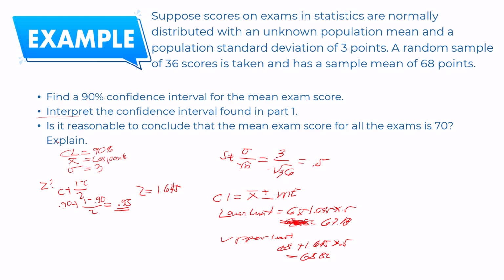So let's answer the questions. Let's interpret the result. That's number 2. So we're now done with computing the confidence interval. Now we are tasked to interpret it.